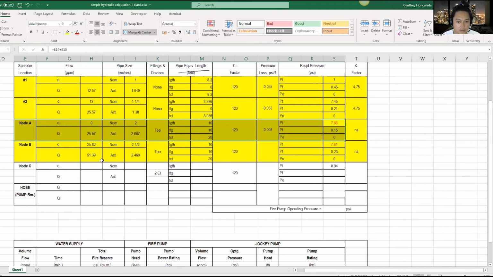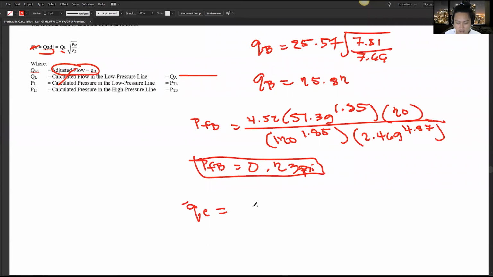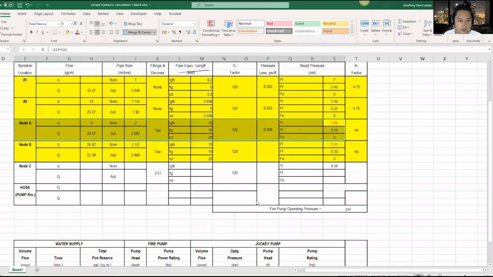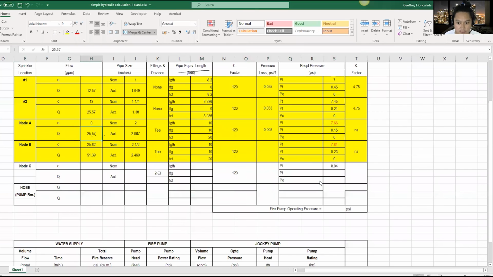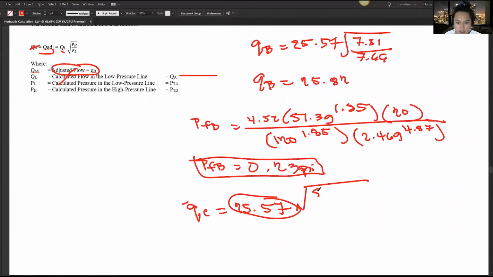Okay, so going back to our equation, our Q is the same as this: 25.57. This one is the Q at node A, 25.57. Then we multiply that by the square root of the high pressure line, which is 8.04, all over 7.66.